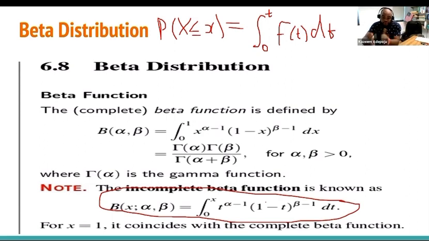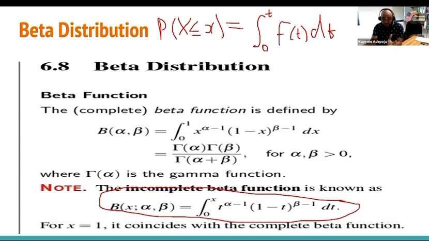Okay, by the time we get to the beta distribution, now you're going to see that if I want to get a CDF, the cumulative distribution function of the beta distribution, the idea of the incomplete beta function is basically going to be used. What makes it incomplete is that we're going from 0 not to 1.